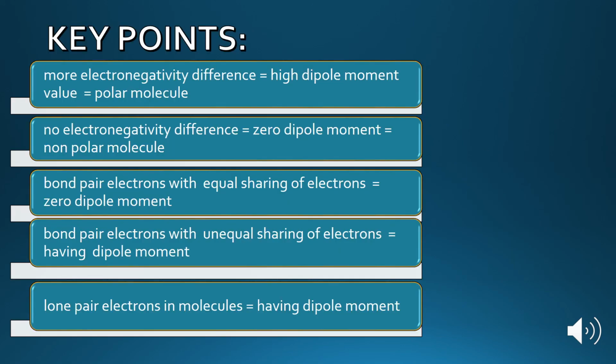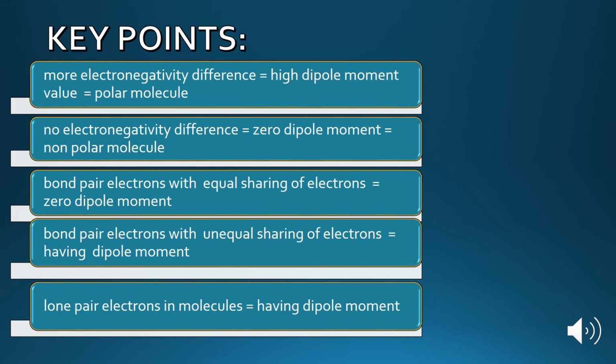Friends, let's recall key points. More electronegativity difference between the atoms means the dipole moment must have some value and the molecule is a polar molecule. If there is no electronegativity difference between the atoms, the resultant dipole moment has a zero value and the molecule is a non-polar molecule.